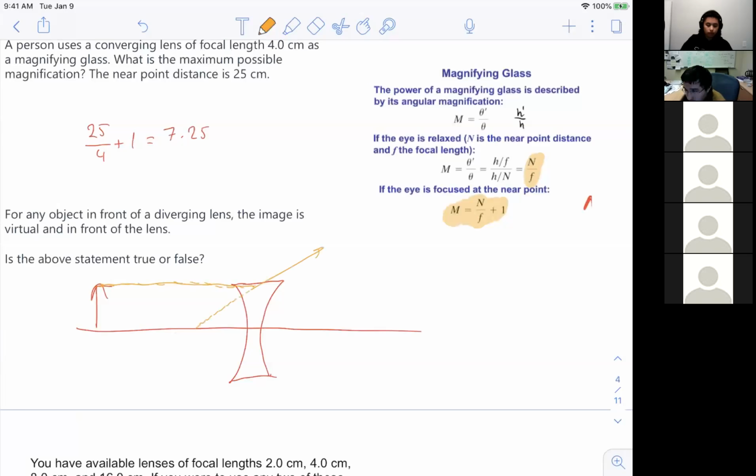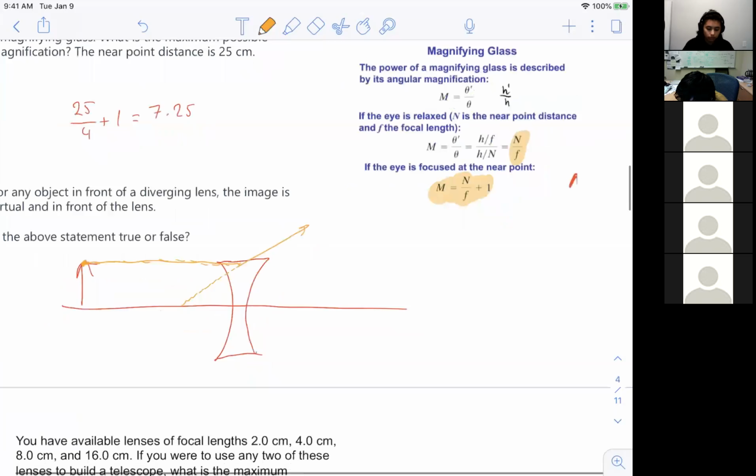To find the location of the image, you send lights from an object, right? First you send from the tip of this object and it goes that way. Then you send the second light from the center of the lens, and it will go straight without any refraction.